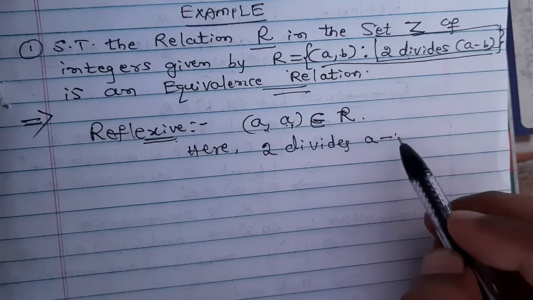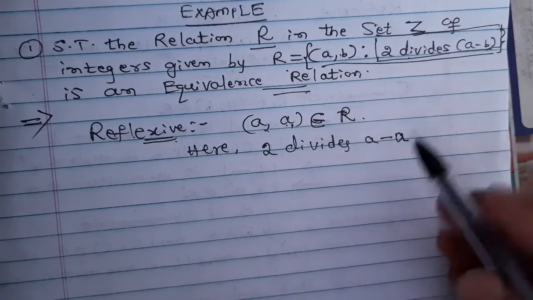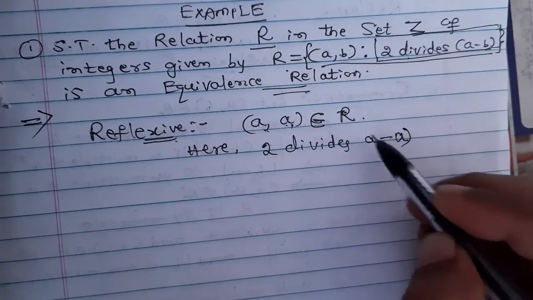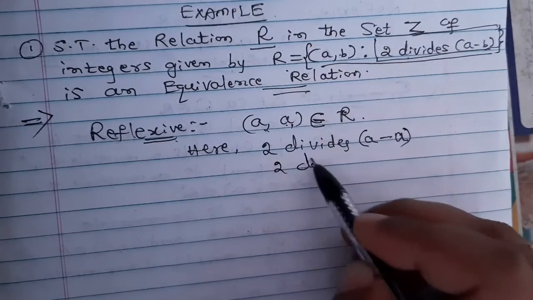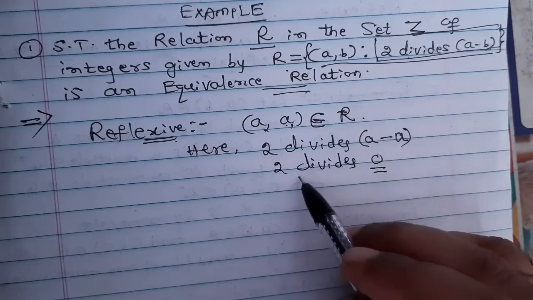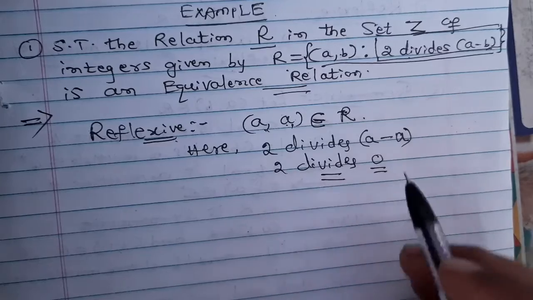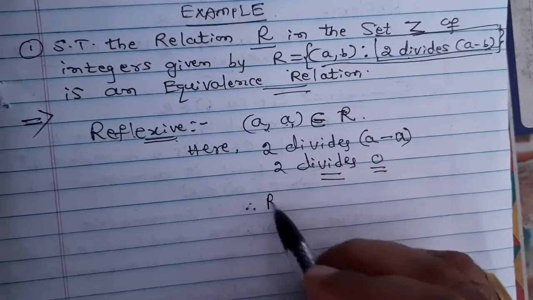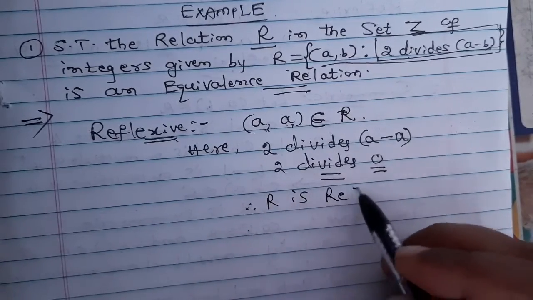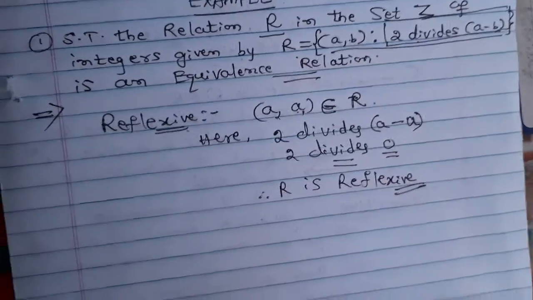Because it is the reflexive property, 2 divides a minus a. That is, 2 divides 0. See here, 2 divides 0, which is true. Therefore R is reflexive. So the reflexive property holds good here.